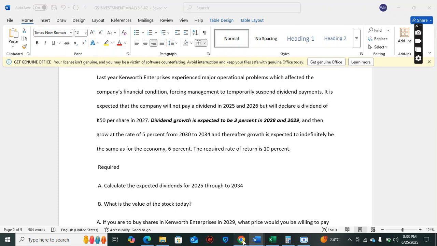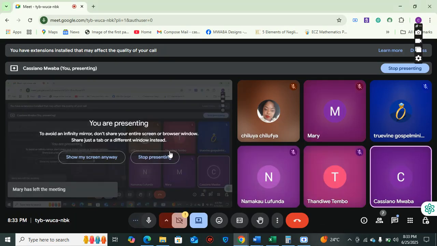Think of it like this. You build a house and you want to find out what is the value of this house. You can forecast the rent that you'll be receiving in the future. Maybe in year one, you receive 100,000 rent. In year two, you receive 200,000 rent. In year three, 300,000 rent.